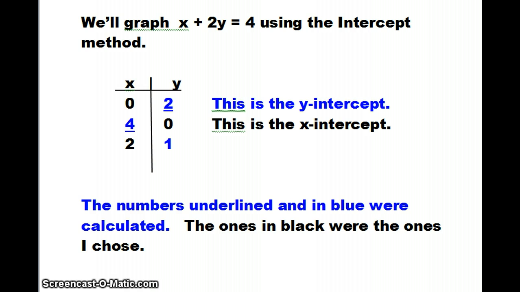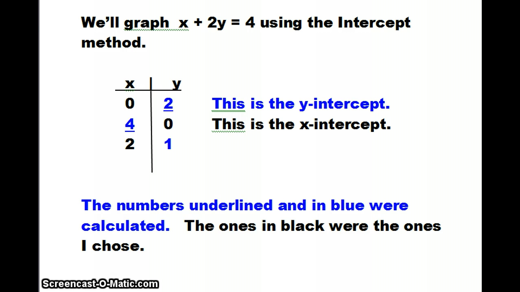So our first step is I choose x is equal to 0. Substituting in the equation, I have 0 plus 2y is equal to 4. So 2 times y is equal to 4, which means the value of y is equal to 2, because 2 times 2 gives us 4.